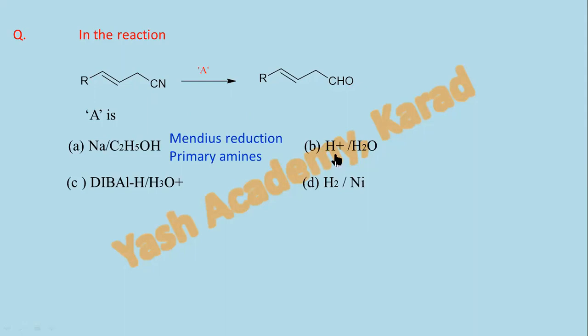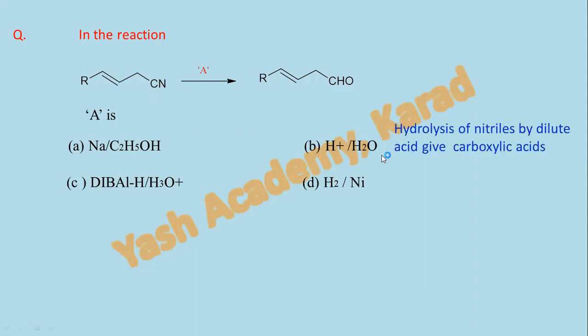Now we'll see H+ and water, that is the acid hydrolysis. Acid hydrolysis is generally carried out by using dilute acids, dilute HCl or dilute H2SO4. So nitriles on acid hydrolysis give carboxylic acids.